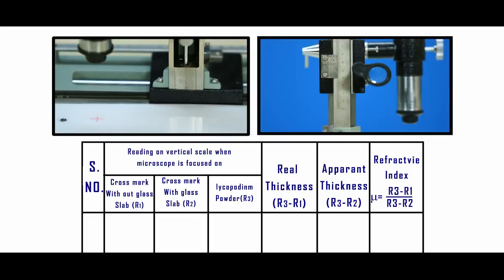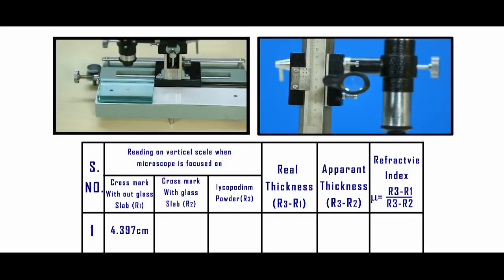Reading on the vertical scale when the microscope is focused on the cross mark without the glass slab, R1, is 4.35 plus 47 into 0.001, that is equal to 4.397 centimeters. Reading on the vertical scale when the microscope is focused on the cross mark with the glass slab, R2, is 4.95 plus 41 into 0.001, that is equal to 4.991 centimeters.